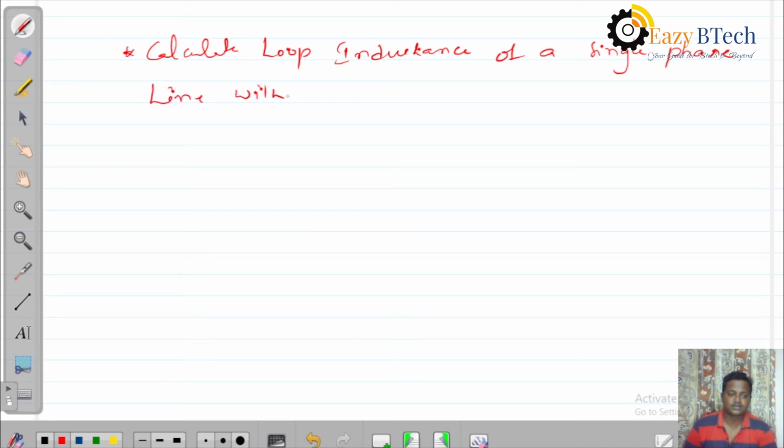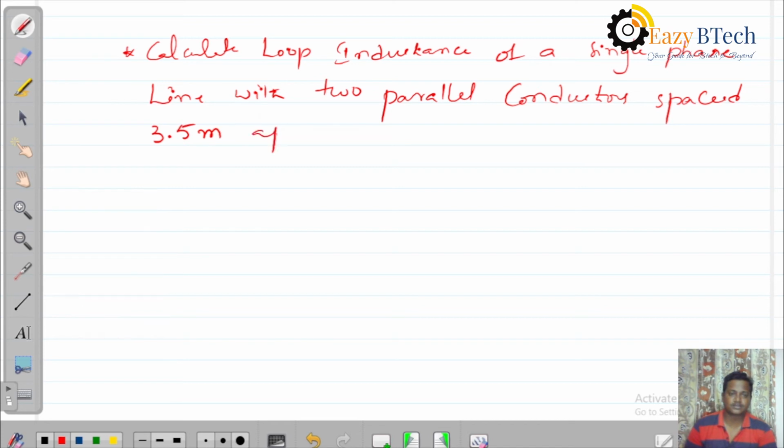with two parallel conductors spaced 3.5 meters apart, and the diameter of each conductor is 1.5 centimeters.